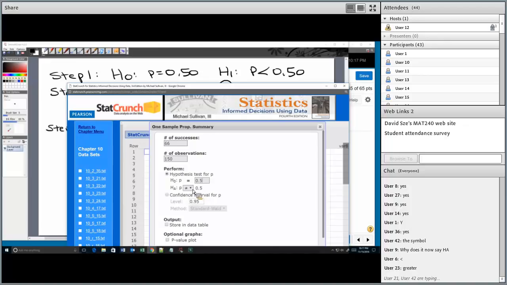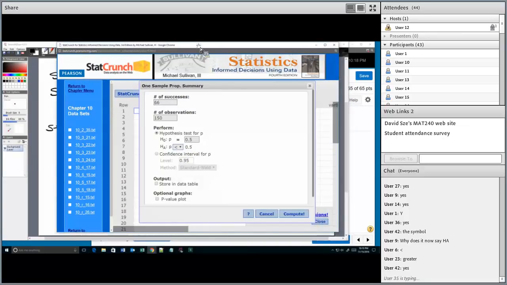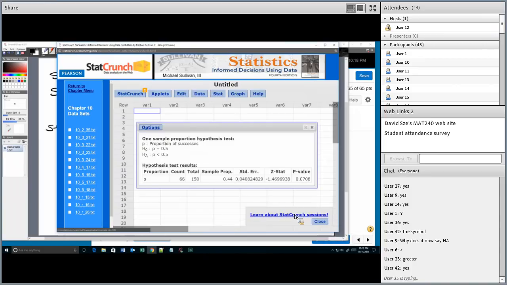Yes, Maya, you're right, we're going to change this symbol because it's given as not equal. We have to choose the right one. You can see that we have the three options that we need. So which one are we choosing? Less than. I choose less than. And that's all I have to do. Hit compute and take a look at this.